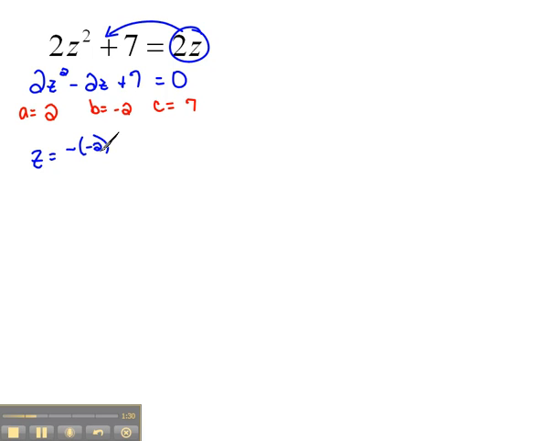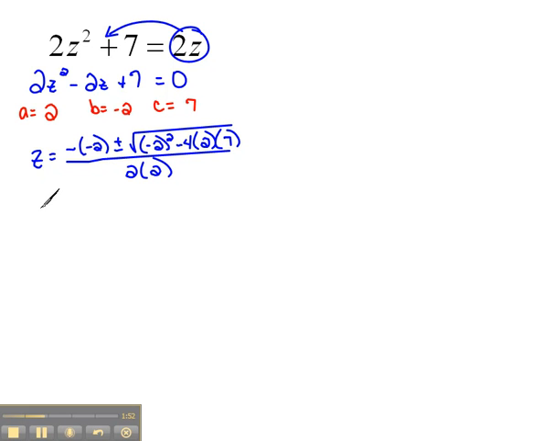So the opposite of a -2 plus or minus the square root of b squared minus 4 times a, which is 2, times c, which is 7, all over 2 times a, which is 2.